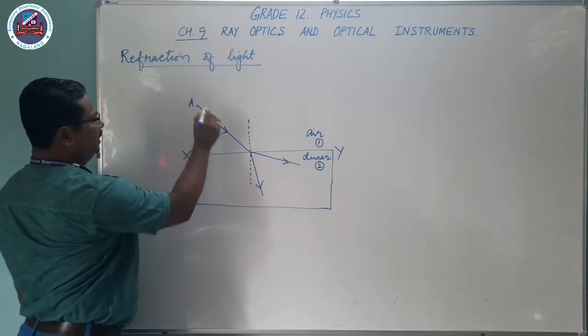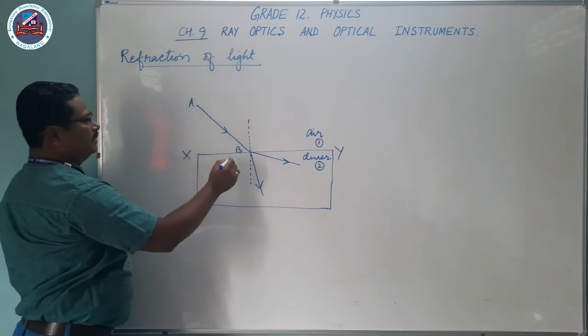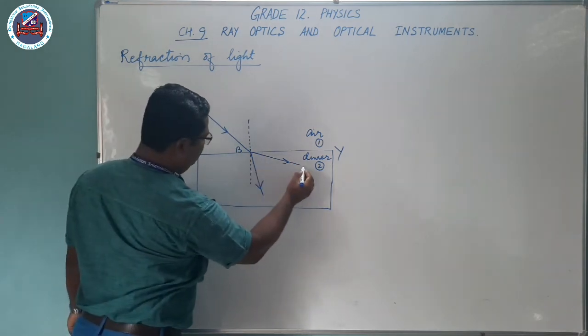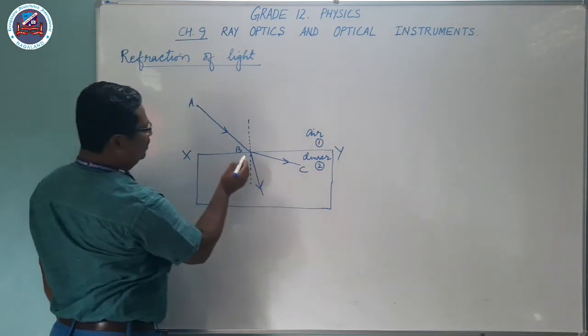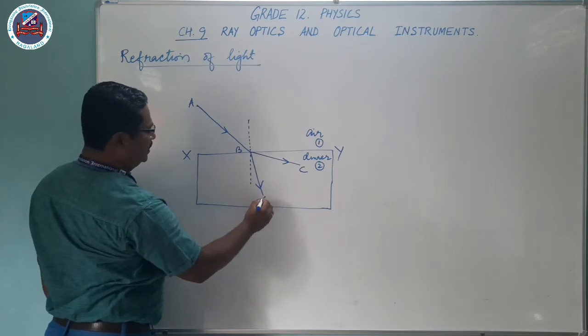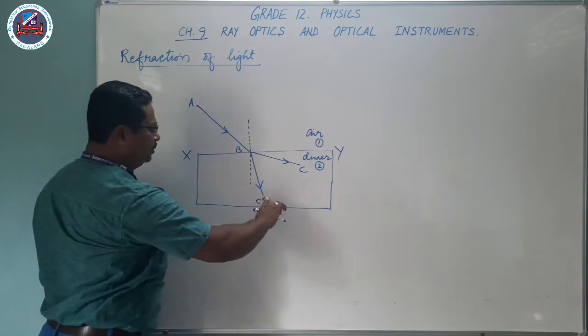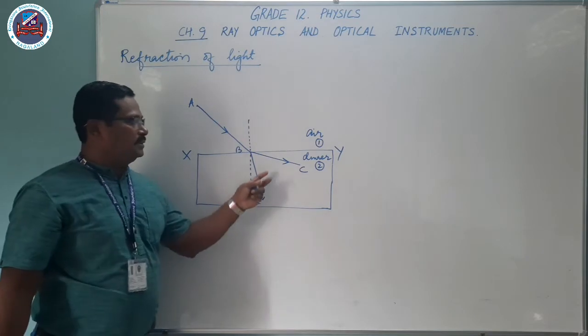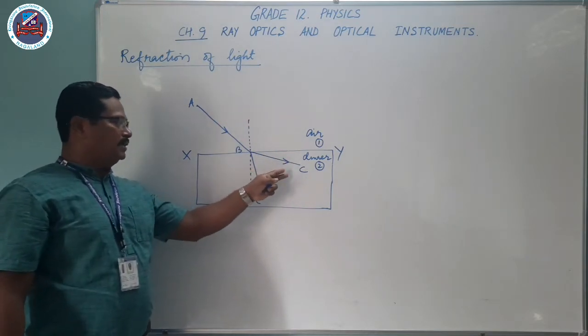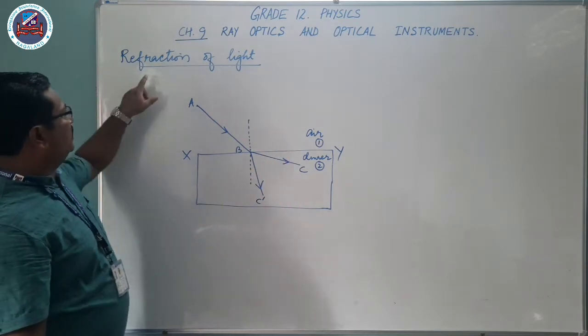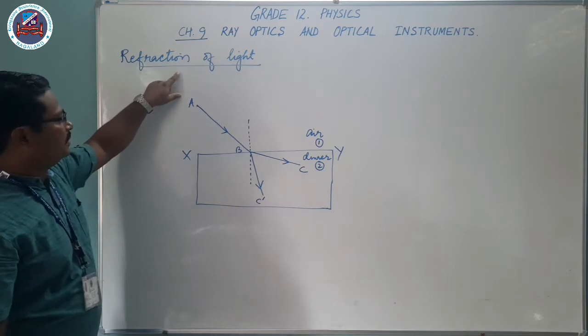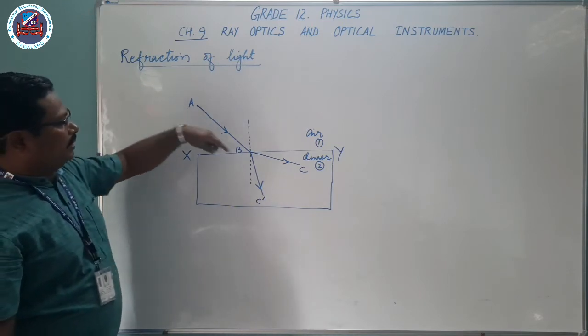It's coming from A to B, and suppose it is going BC in this direction, or it is going BC dash, let it be. Now I'll tell you when it bends away from the normal and when it bends towards the normal. But when you study the phenomenon, it can go either way.